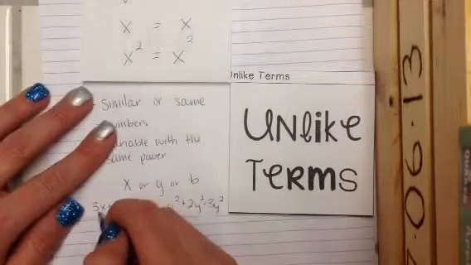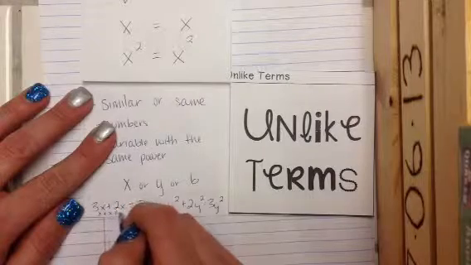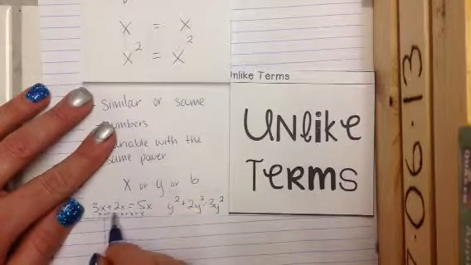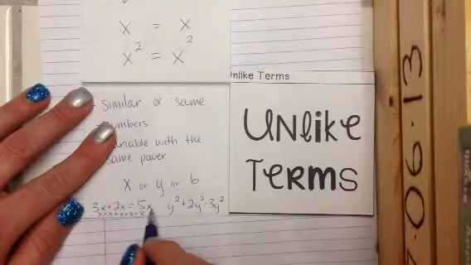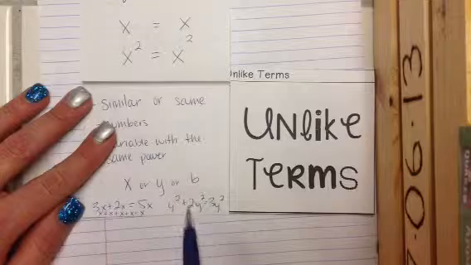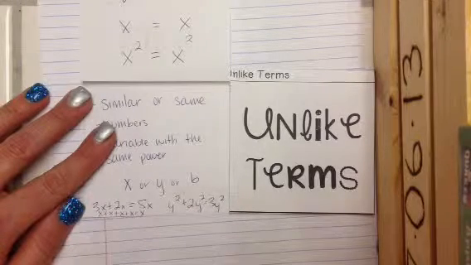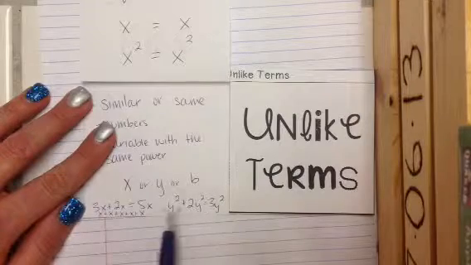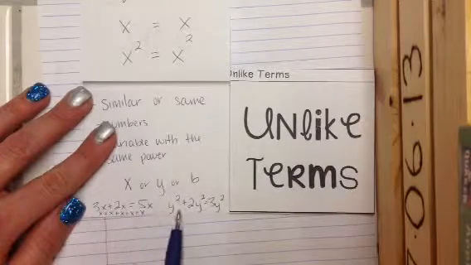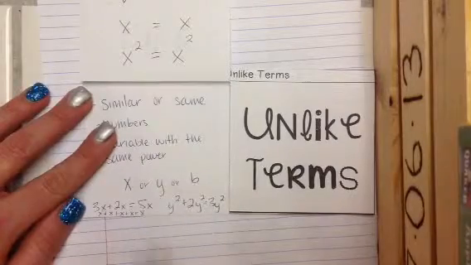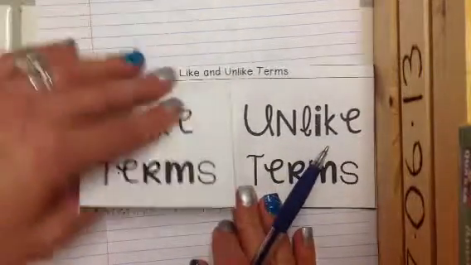So if I were to write that all out, I'd have x plus x plus x plus x plus x, which is a total of 1, 2, 3, 4, 5 x's. In this one, I have a y squared and then 2 more y squareds. So that's a total of 3 y squareds. I cannot combine x with y squared. They're not the same letter and they don't have the same power. We'll go over that a little bit more in just a minute.